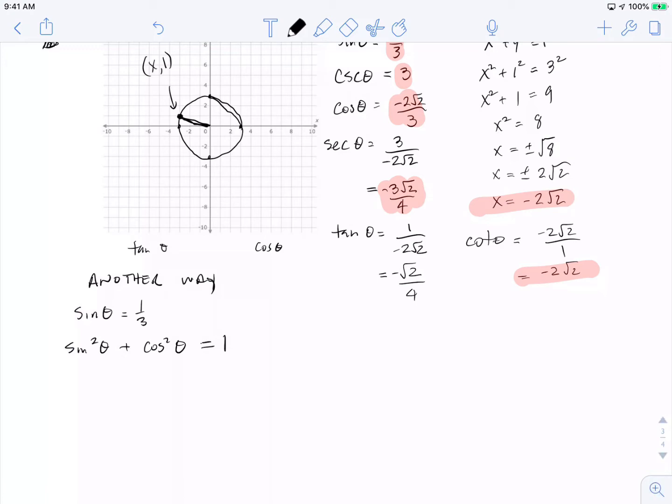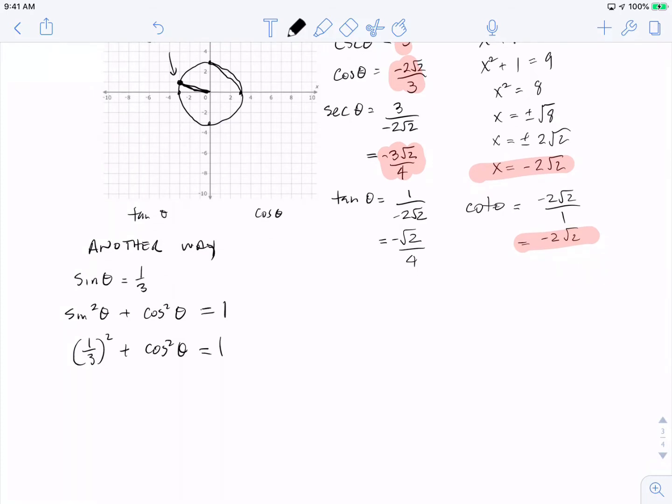Now, from here, if I substitute, I'm going to get (1/3) squared plus cosine squared theta is equal to 1. That's going to give me 1/9 plus cosine squared theta is equal to 1. Subtracting the 1/9 from both sides, I'm going to get cosine squared theta is equal to 1 minus 1/9, or 8/9.